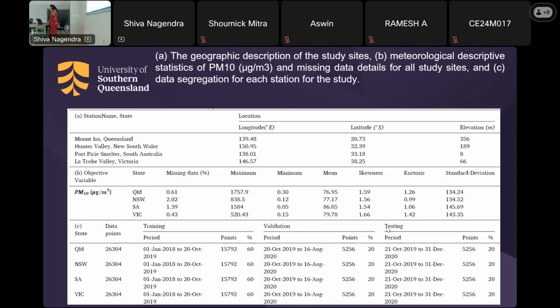We encourage dividing the data not just into training and testing, but also validation. There is no standard, actually, for how much percentage you need for training data and testing data. But from the guidelines in the published literature, at least 60% of the data goes into training.